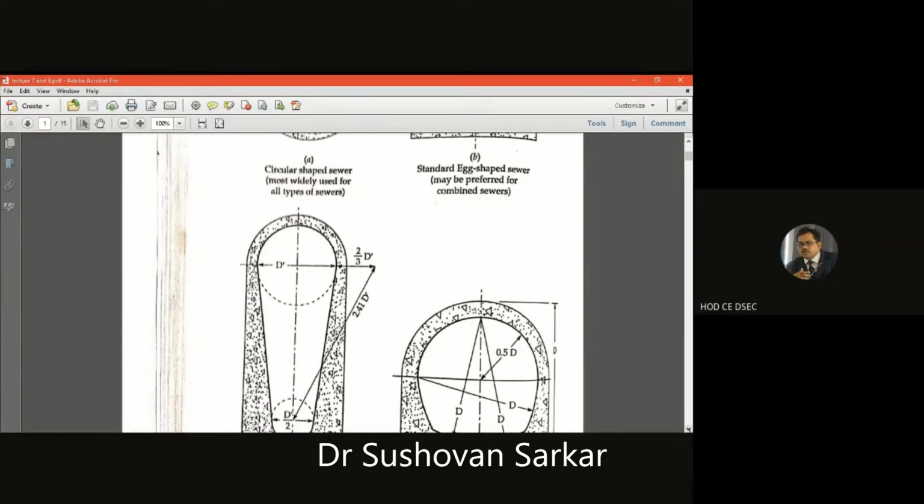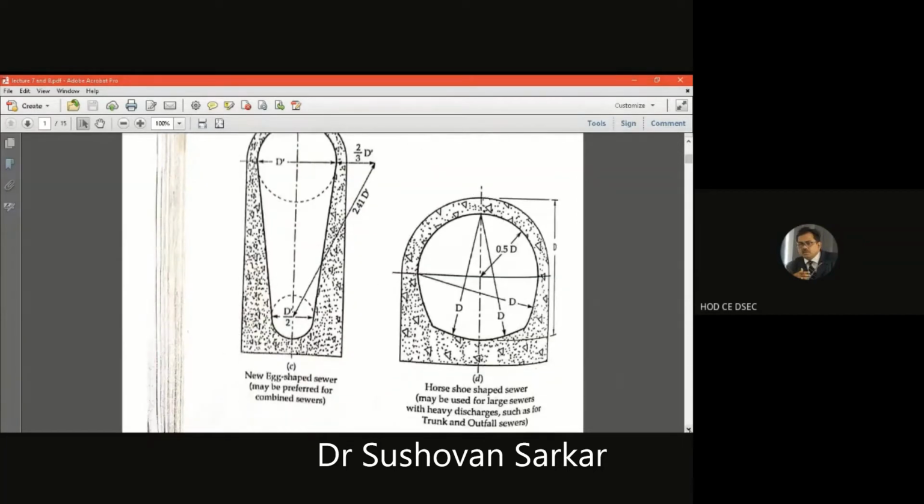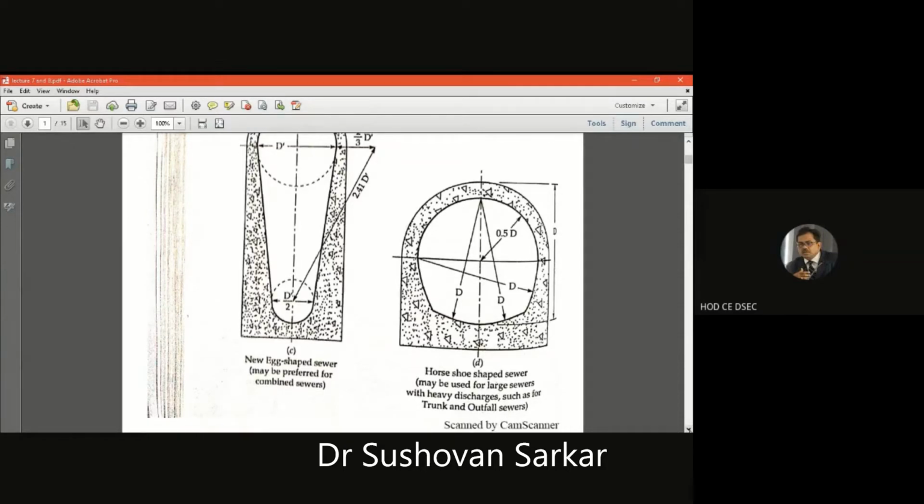So definitely where the flow is more, we have to go for the new egg-shaped sewer. As the name indicates, it is egg-shaped, and it is preferred in combined sewers with more flow. When the flow is more in the combined sewer, then we prefer the new egg-shaped sewer.